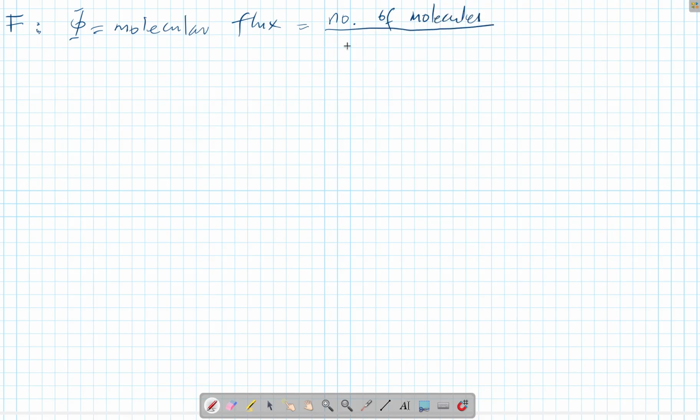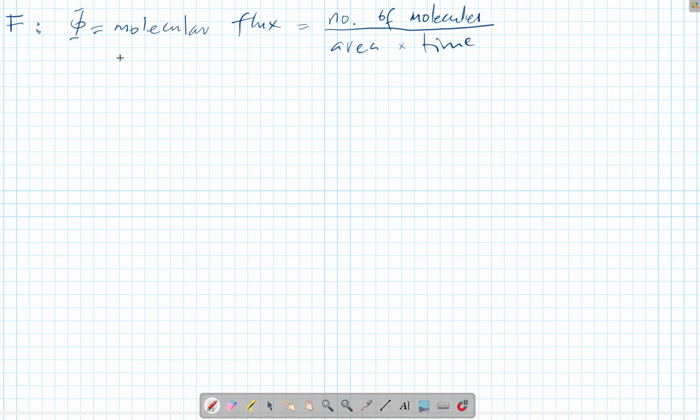So that result is going to be element F, A, B, C, D, E, F. So we are now on F. Big phi is equal to molecular flux, and the definition of flux is number of molecules divided by area under consideration times time interval.